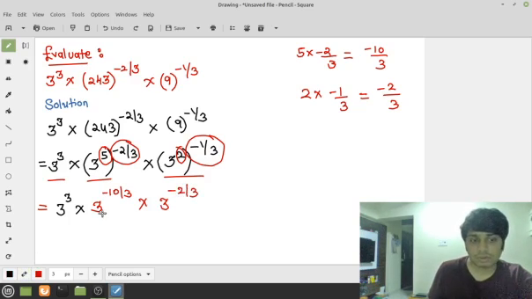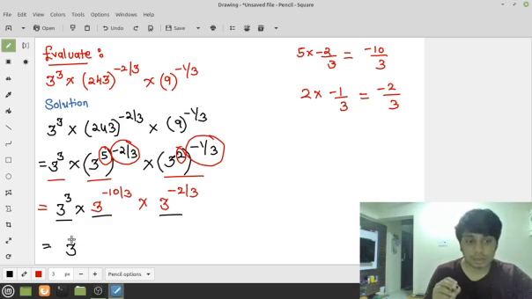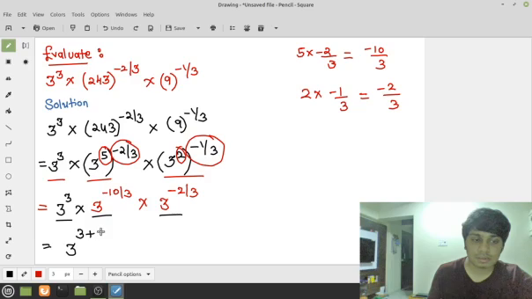If you observe, each part of the question is in the form of a common base 3, and there is a multiplication sign between all the bases. So remember the product law of indices: the bases are the same and there is a multiplication sign in between, so the powers get added. So 3 plus minus 10 upon 3 plus minus 2 upon 3, right?